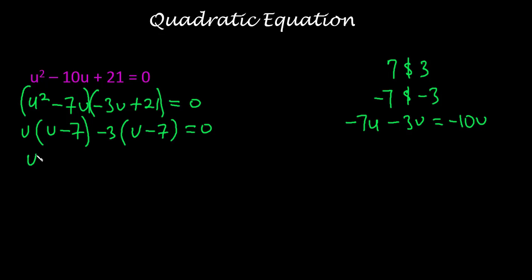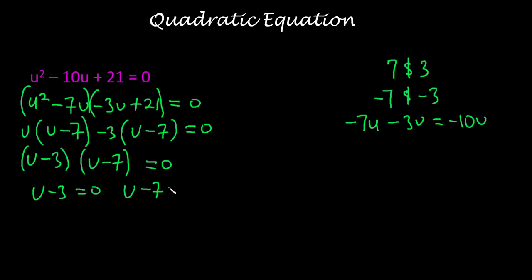So we say u minus 3, u minus 7, everything equal to 0. So u minus 3 is equal to 0, u minus 7 is equal to 0. So u is equal to 3, u is equal to 7. Our u is equal to 3 or 7, and that is our final answer.